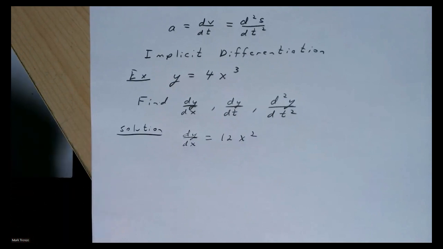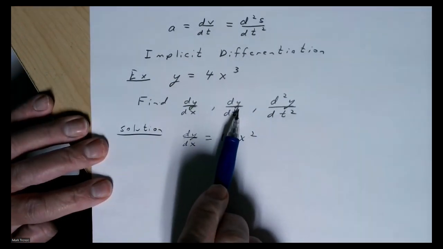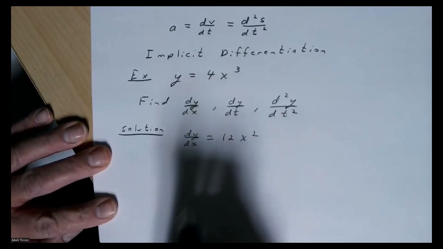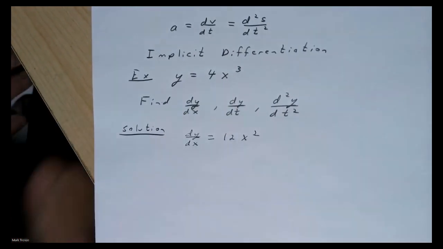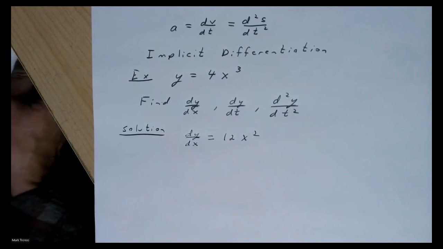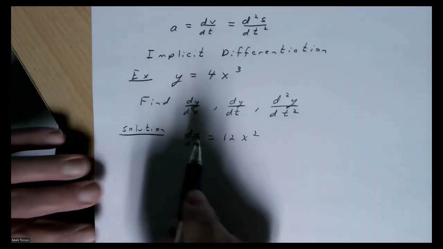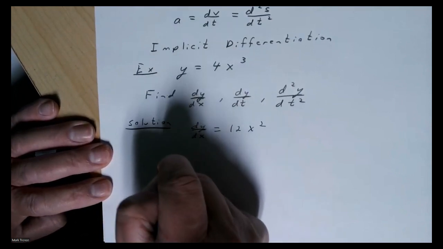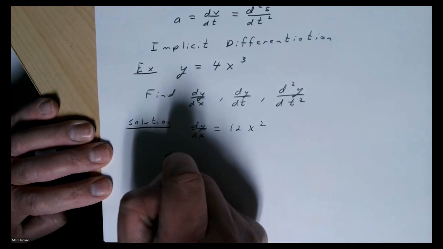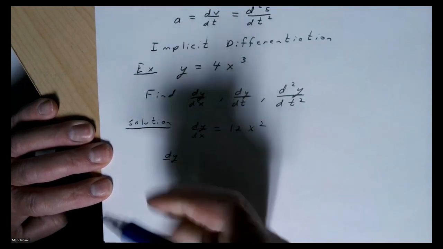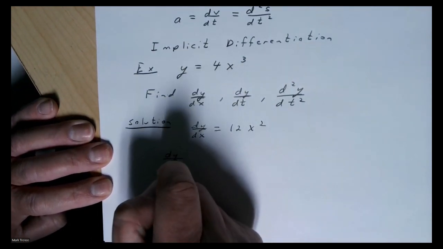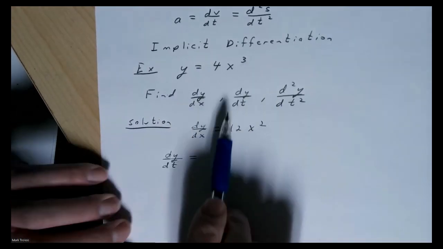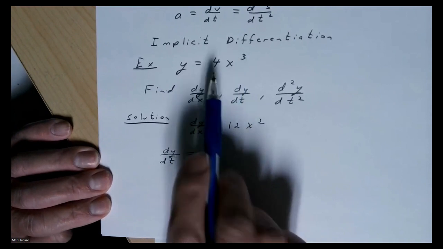Now, if though we're treating, let's say, y and x as functions of t, so we want to find dy/dt, remember we have to go back to implicit differentiation. So dy/dt, again, starting back up here, remember we have to use the chain rule.